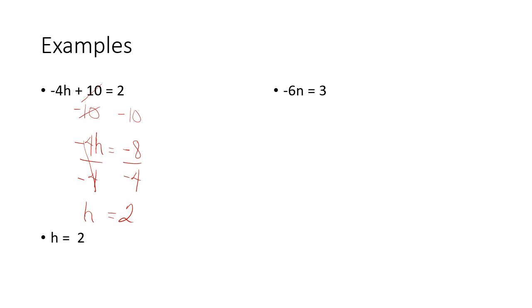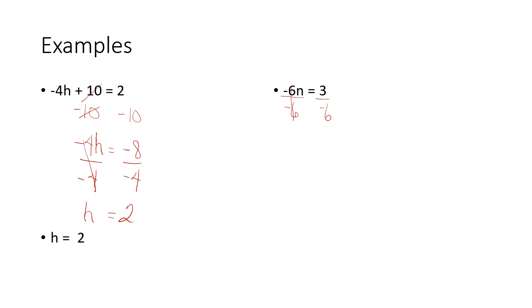Let's look at this one. Here we just have negative 6n is equal to 3. We divide both sides by whatever the term is next to the variable, which in this case is negative 6.